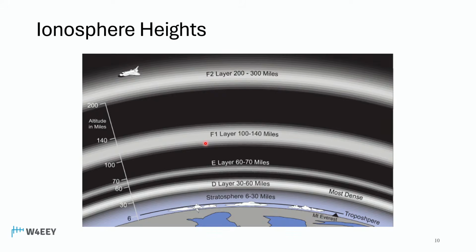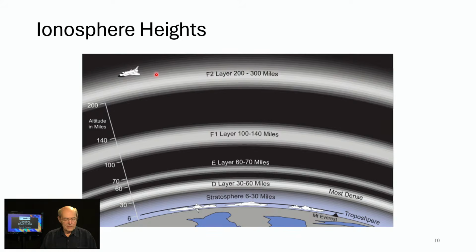Here are some heights. Here we've got the space shuttle up around 250 miles, which is in the top end of the F2 layer, just to give you some idea of scale. And over here, we've got Mount Everest. The peak of Mount Everest is in what's called the troposphere. Then the D layer starts at about 30 miles, the E layer about 70.